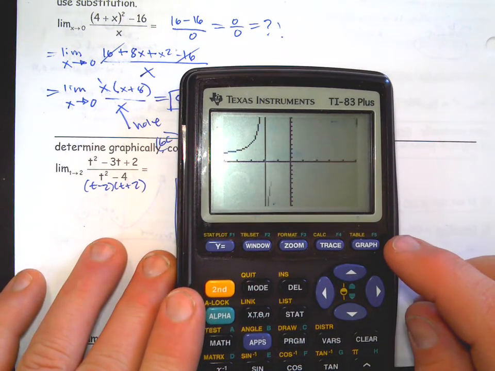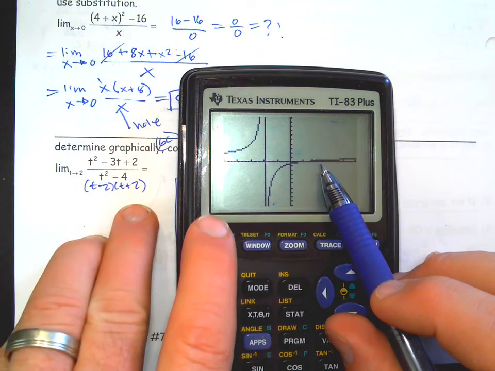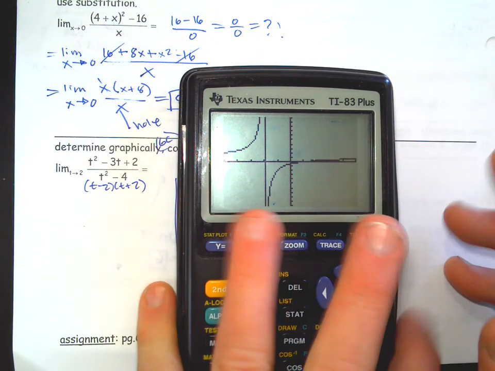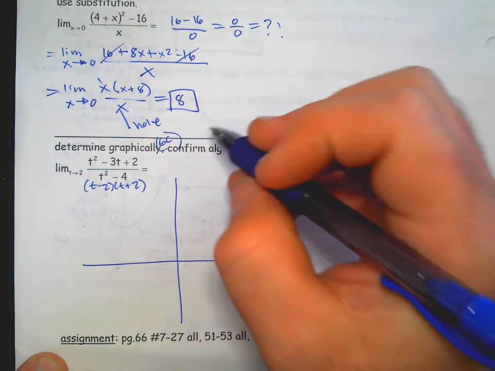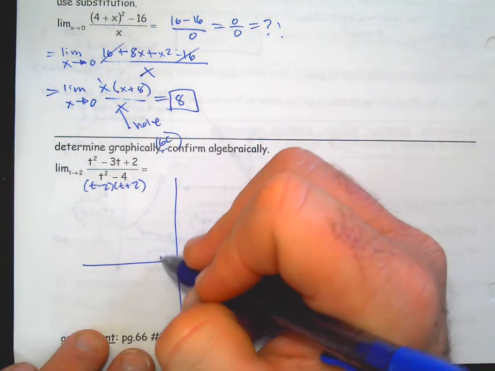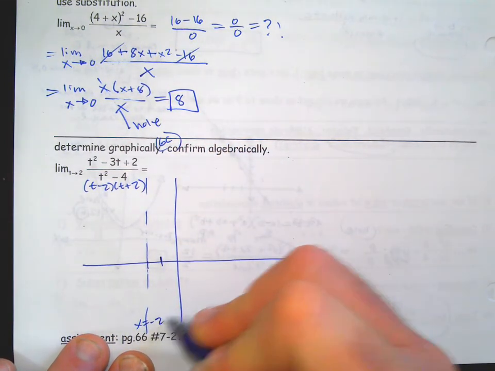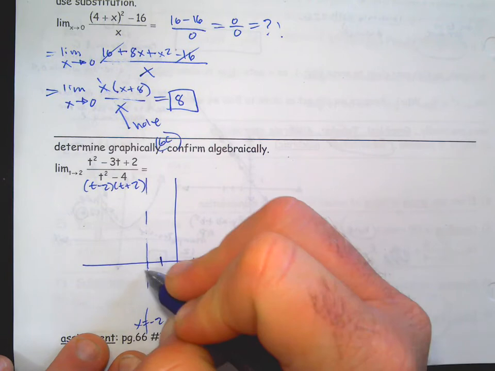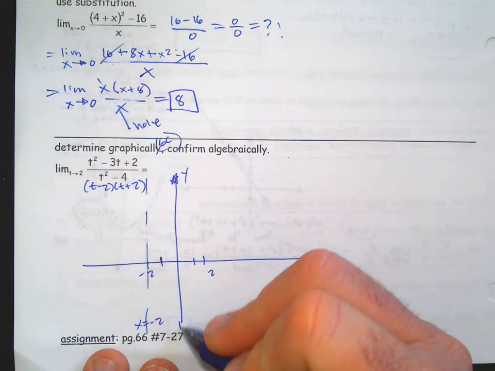Okay, now that's a vertical asymptote usually on my graph. And then over here at x equals +2, there isn't one. So, rough sketch of this, vertical asymptote at -2. And at positive 2, I don't know. You might have thought you might have got one, but it didn't really look like it.